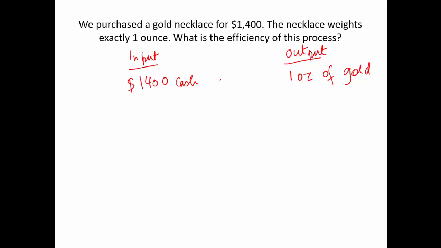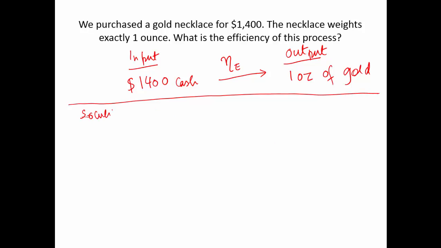And the question is, what is the efficiency of this process going from cash to gold? So here's our solution. And there are two approaches, right? One approach is converting everything into gold, and the second approach is converting everything into dollars.